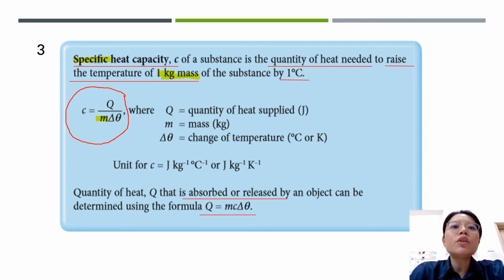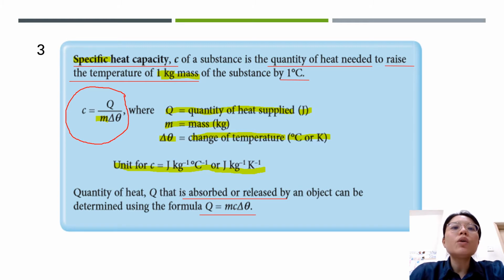Here we should know that Q represents the quantity of heat supplied. The unit is joule. Mass m, unit is kilogram. Delta theta is the change of temperature in degrees Celsius or Kelvin. Therefore, the unit for c is joule per kilogram per degree Celsius, or joule per kilogram per Kelvin.